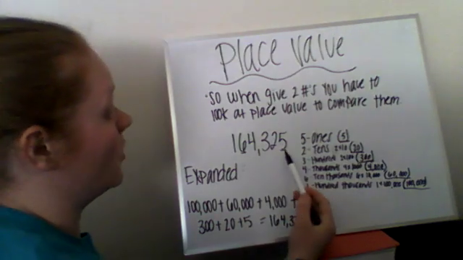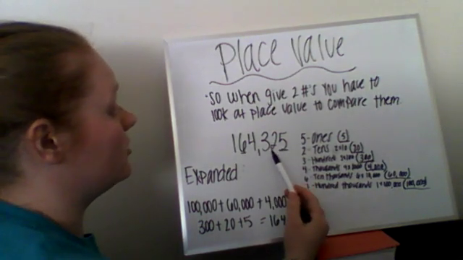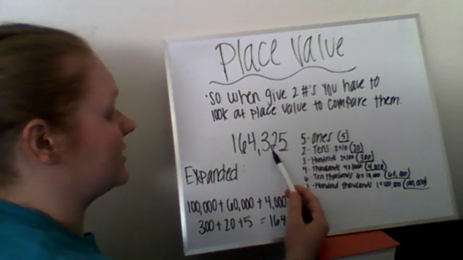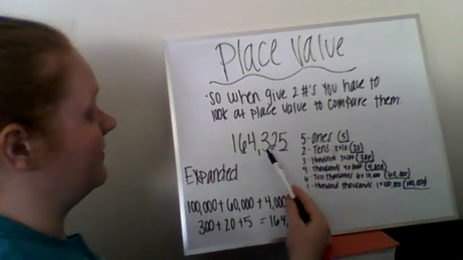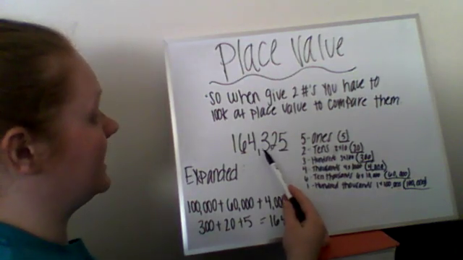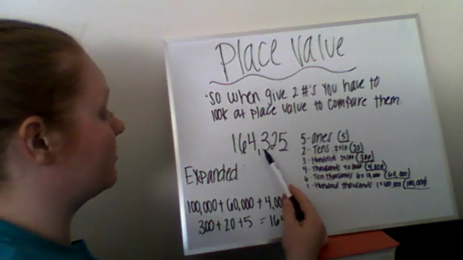So all I did was I took each number in these place values and I represented what it actually meant. So my ones is just my ones, so that was just equal to 5. My 2 is in my tens place, which was 2 times 10, which was 20. Then my 3 in my hundreds place was just taking 3 and multiplying it by 100 because that's what place value it is in, which is equal to 300.